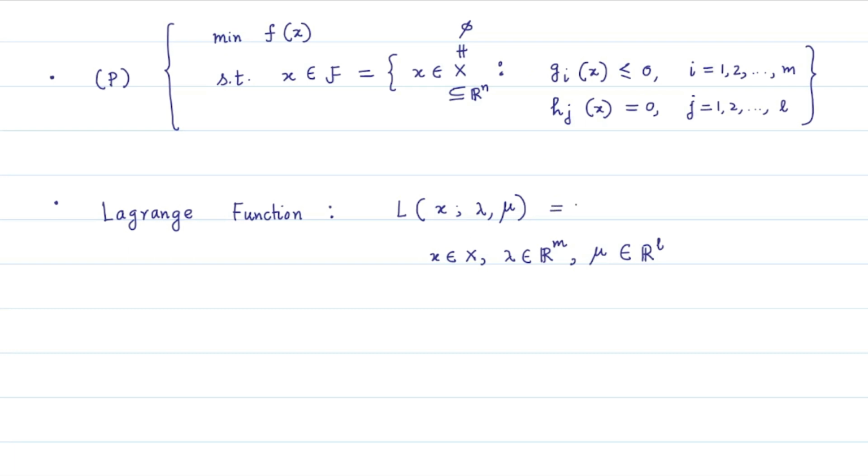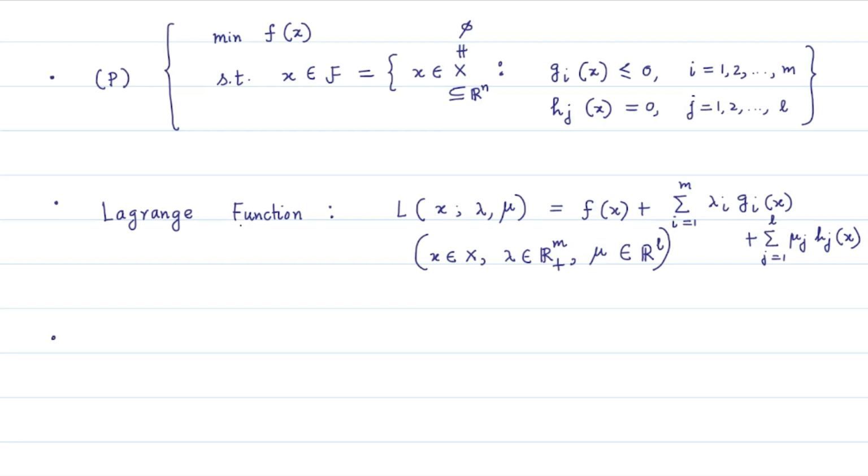The expression of this L is given by f(x) plus summation i equal to 1 to m lambda_i g_i(x) plus summation j equal to 1 to l mu_j h_j(x). So the function L is defined on this set. Or also, in order to be more precise, better here we take all the components of lambda non-negative, keeping in mind that these lambda and mu are going to be the KKT multipliers.